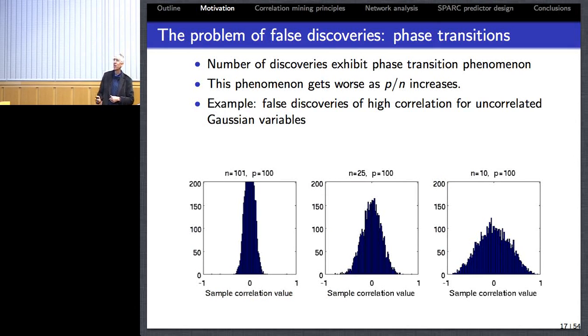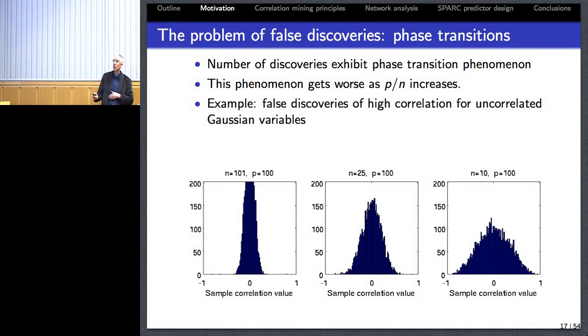So what does this show? This is a histogram, right? What you see here is I've just drawn at random 100 Gaussian random variables. I've taken 101 samples, computed all the sample correlations between them, and plotted the histogram of those correlations. There's no actual correlation among these 100 variables, so everything is spurious.